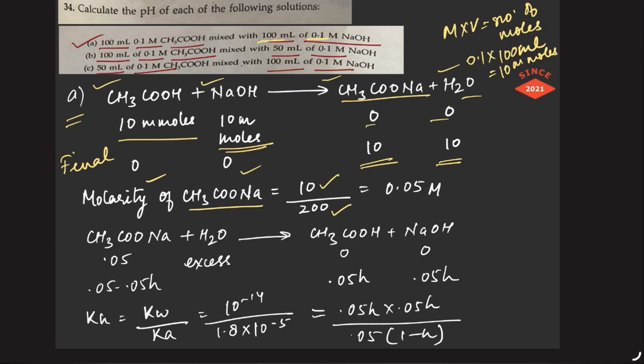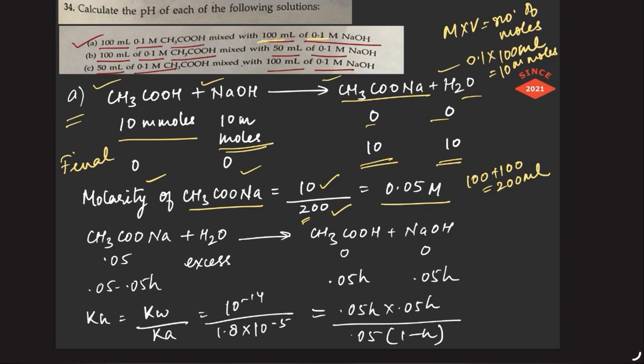Now, what is the volume of solution? When 100 milliliter of acetic acid is mixed with 100 milliliter of NaOH, then total volume becomes 100 plus 100, that is 200 milliliter. So, molarity of sodium acetate solution is 0.05 M.